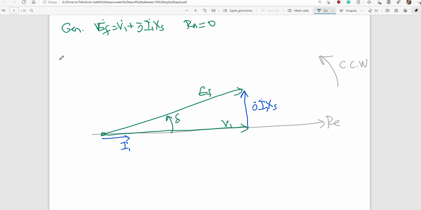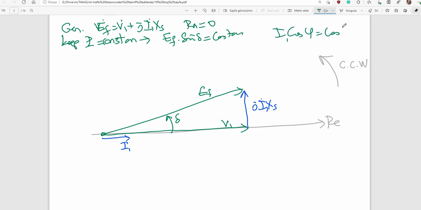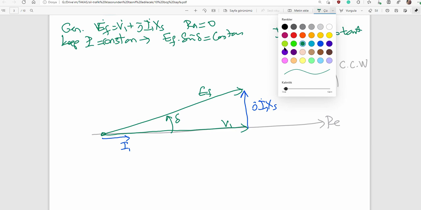Now, ladies and gentlemen, keeping power constant means there are two asymptotic lines. One is EF times sine delta constant. The other is I cosine phi constant. Because terminal voltage is constant, remember active power is voltage times current times cosine phi. So voltage is constant, and current times cosine phi must be constant.